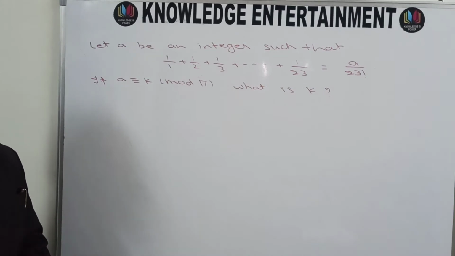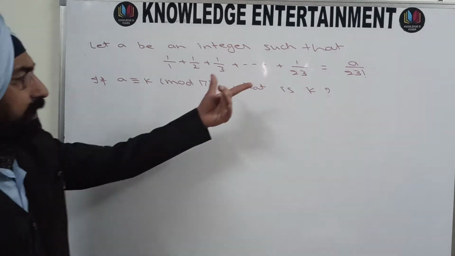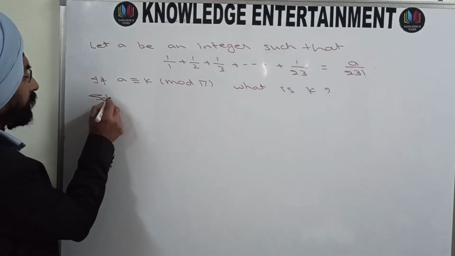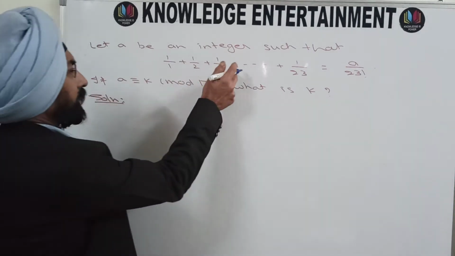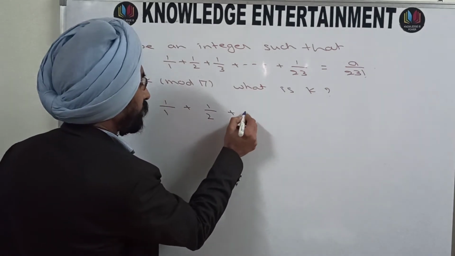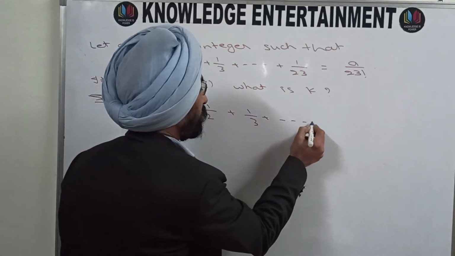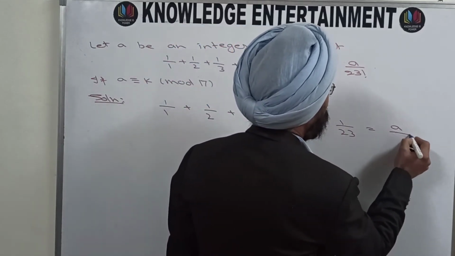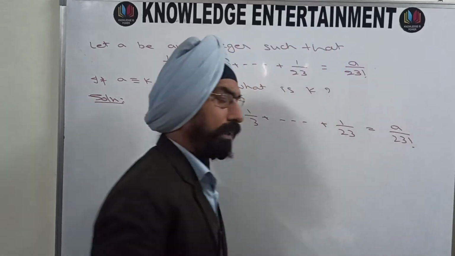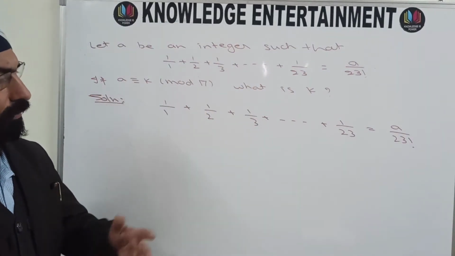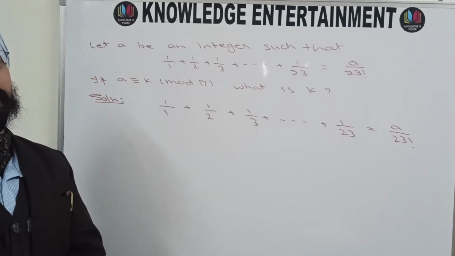Simply, in simple language. So let us start with this equation. When we start the solution, we will start with this equation: 1 upon 1 plus 1 upon 2 plus 1 upon 3 plus and so on 1 upon 23 is equal to a upon 23 factorial. First of all, multiply both sides by 23 factorial.